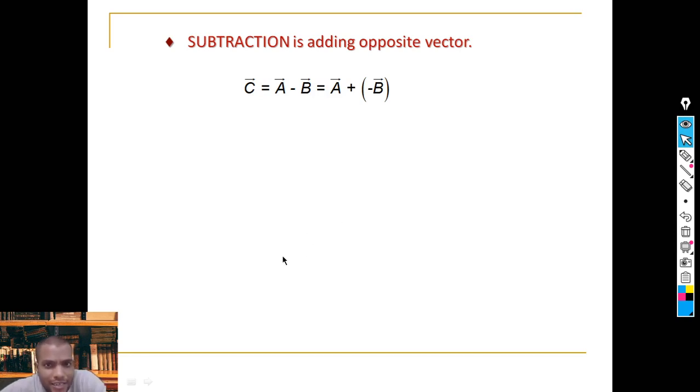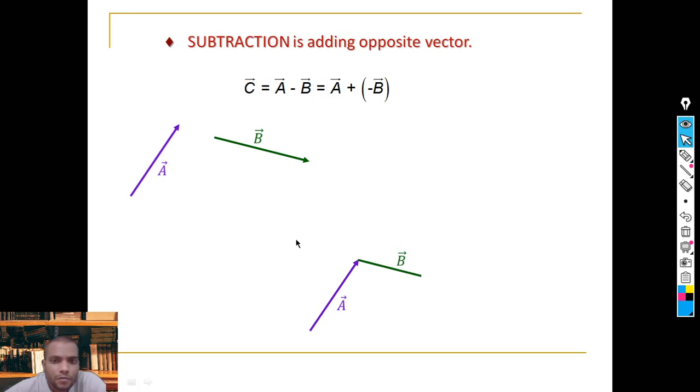Now let us try to subtract vectors. Suppose this is vector A bar and this is B bar. Try to find A bar minus B bar. To find A bar minus B bar, we need to use the head and tail method. Take the first vector A bar and bring it close to the second vector.